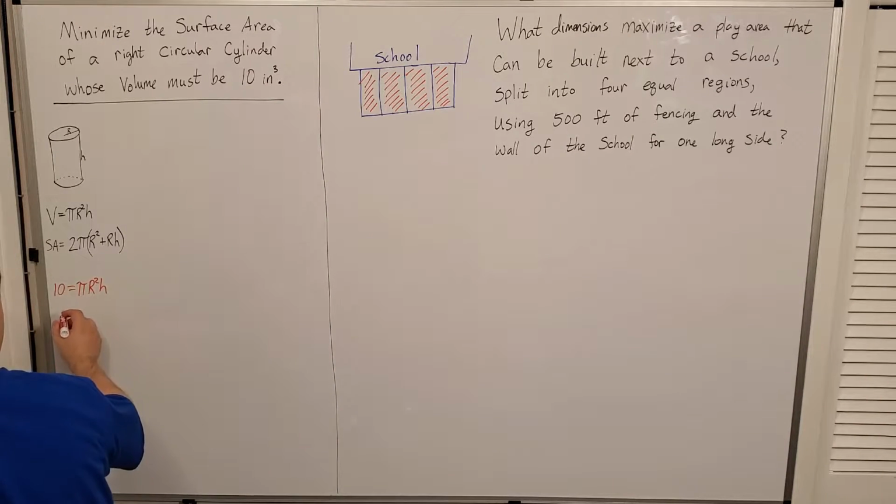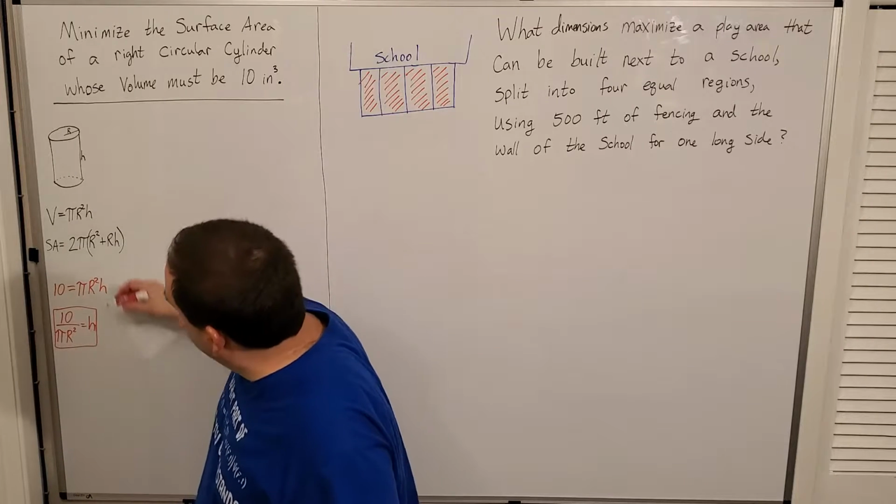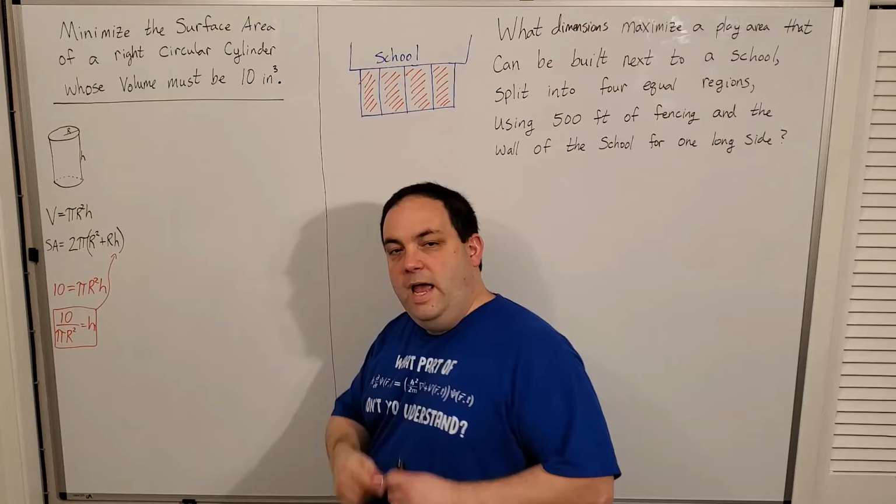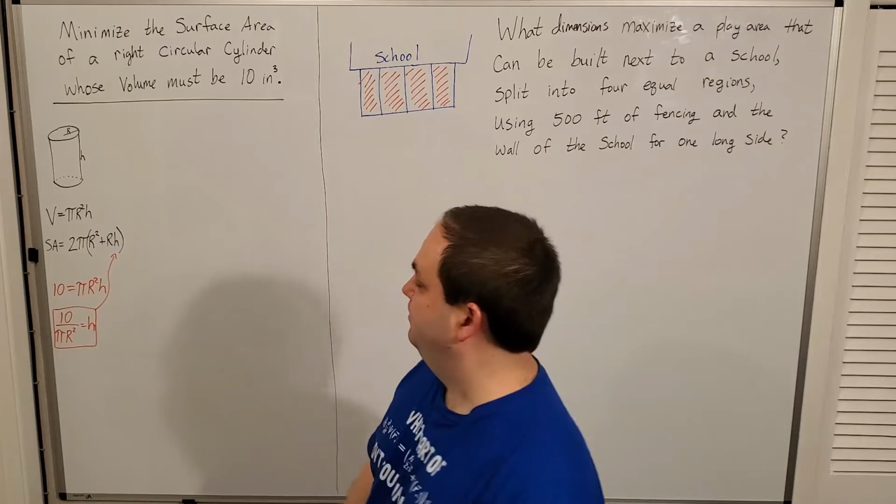I'm going to see that 10 divided by pi r squared is going to be equal to h. And then what I'm going to do with that is plug it in for h, and that's going to give me a function.